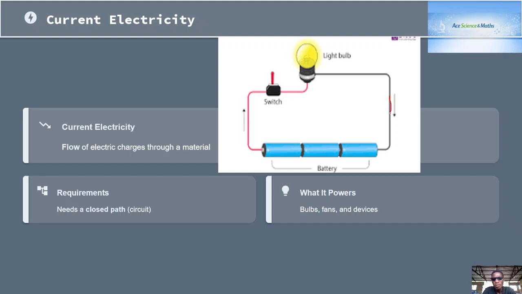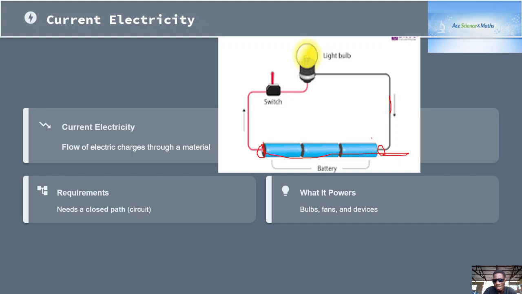So imagine you have batteries connected to a wire and then to a bulb with a switch. We have the positive terminal, and then we have the negative terminal.